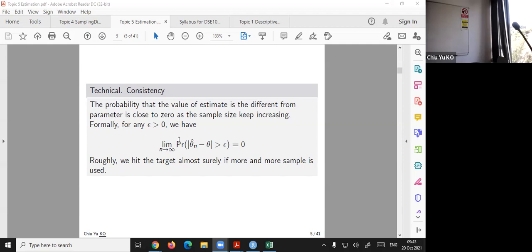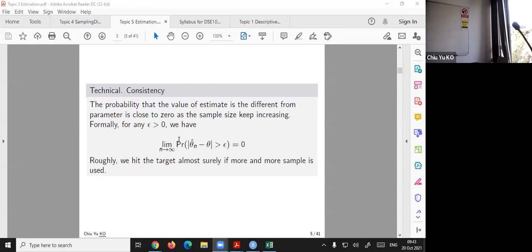To repeat: the difference between the sample mean and the population mean can be as small as you want. The probability that the distance is further than any number you choose will be 0.